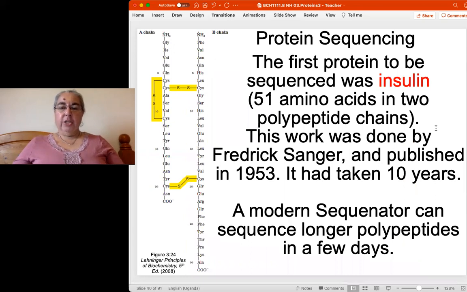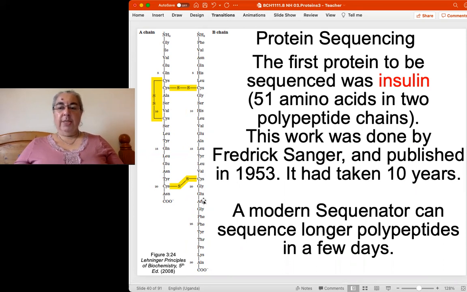So we looked at insulin before. Here is the insulin molecule again. You can see that it's quite a small molecule. It's got 51 amino acids in 2 polypeptide chains. And it was the very first protein to be sequenced.